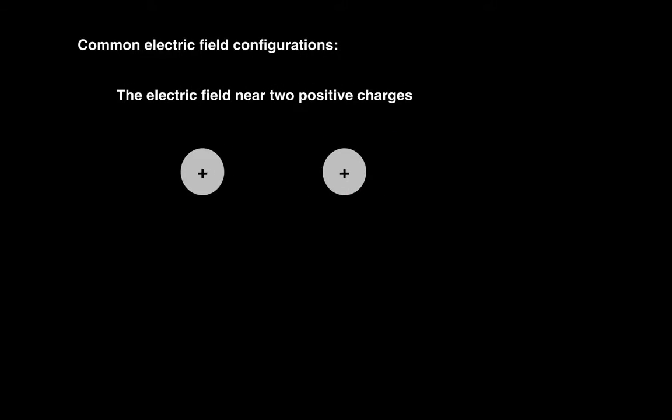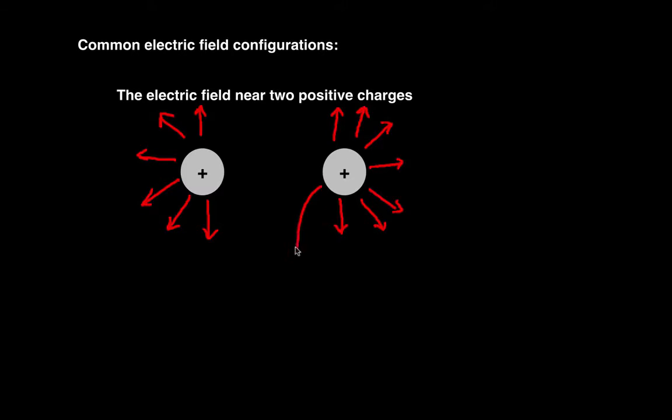Near two positive charges is similar. Positive charges have electric field that moves away from them because positive would repel a positive charge if it were placed there. Between them, if I was to place a positive charge, we would find that it swings out, sees the other one, and makes a curved path, trying to get away from both of them.